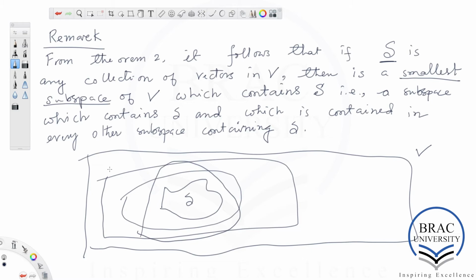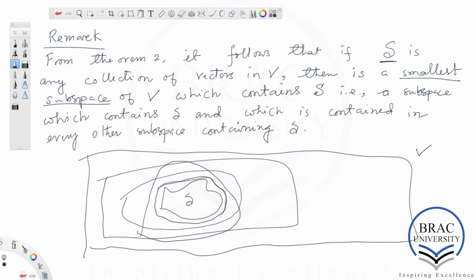The point is that there is a smallest subspace that contains this subset S. By smallest it means that if a subspace is claimed to be the smallest subspace that contains S, then all other subspaces that contain S have to contain this smallest subspace.